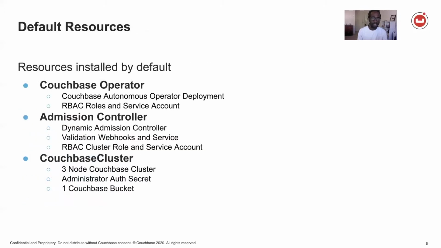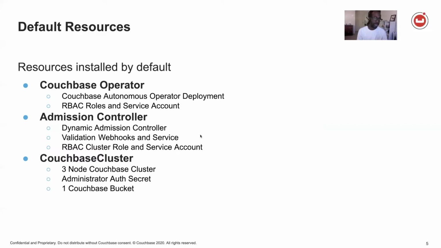So, a little bit more detail about what specifically is installed along with these resources. The operator means we're installing the deployment and the RBAC roles that go alongside it. For the admission controller, we're also installing the admission controller along with validation webhooks and services.